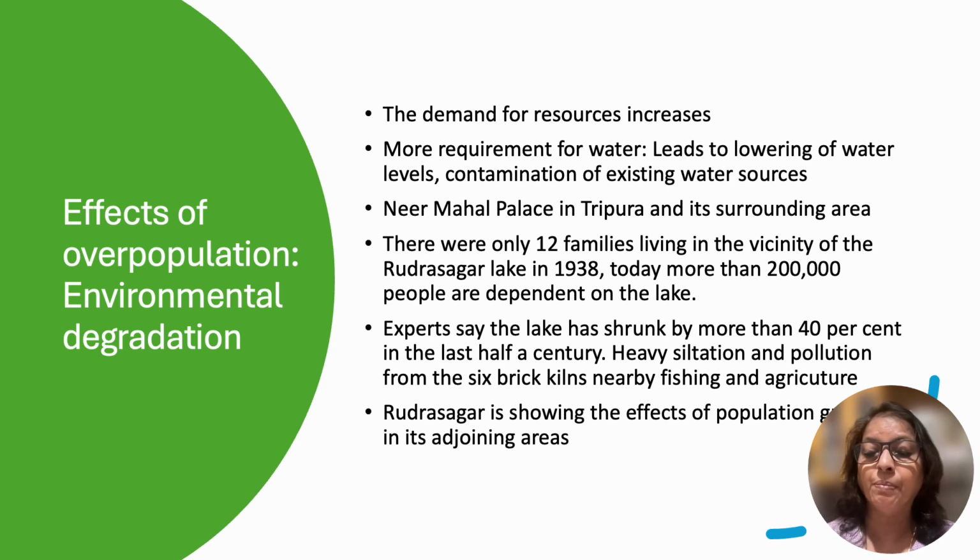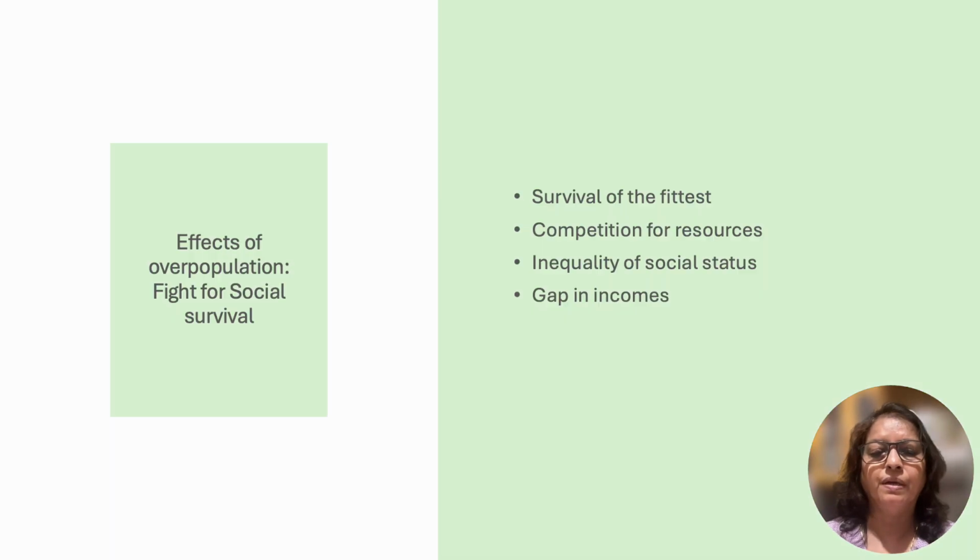Now there are 2 lakh people dependent on the lake for agriculture, irrigation, fishing and other uses. So much so, 40% of the water has depleted in half a century.